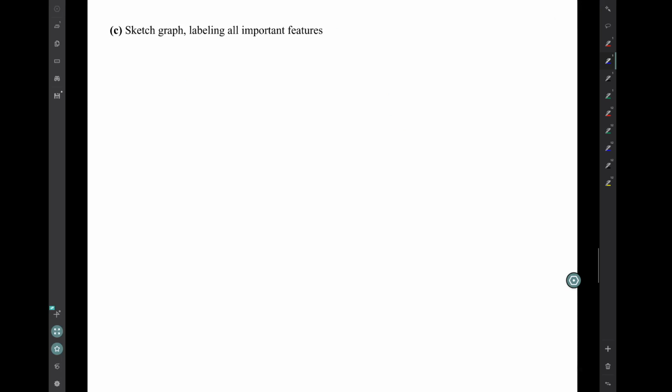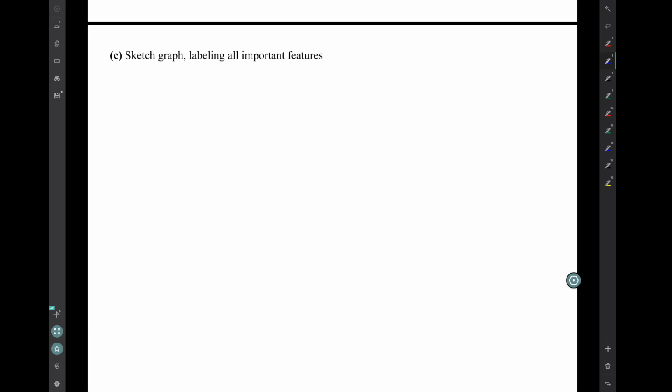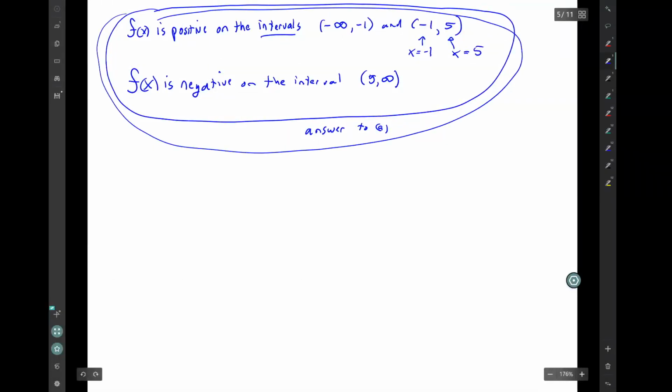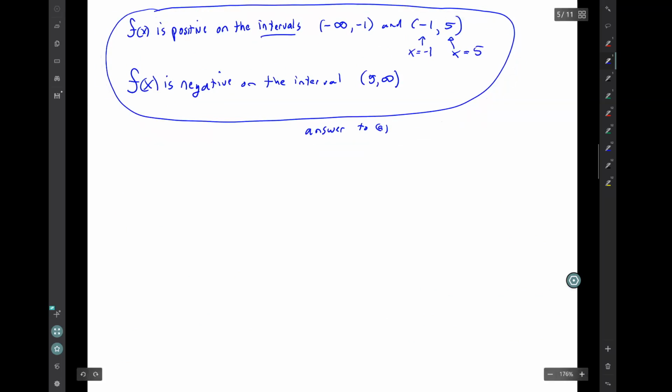In question C, we're supposed to sketch a graph and label all important features. Well, let's go back up and look at what we've learned about our function. Our function is positive and negative on those intervals, and of course we know that at the endpoints of those intervals there are x-intercepts.